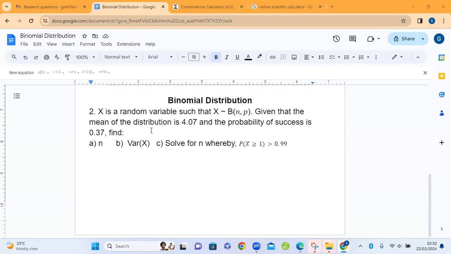Given that the mean of the distribution is 4.07 and the probability of success is 0.37, find the value of n, that's the sample size, the variance of x, and C now says to solve for n, whereby the probability that x is at least 1 is greater than 0.99. So let's start with A.